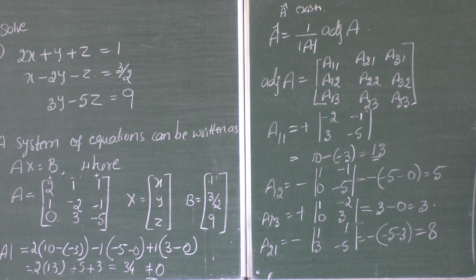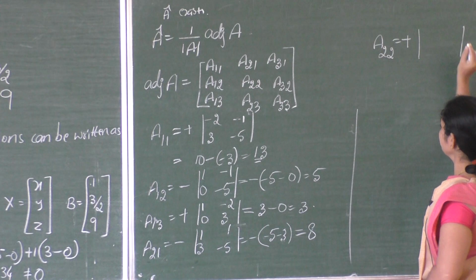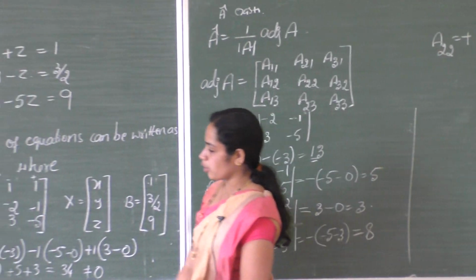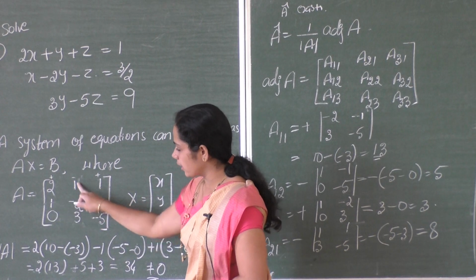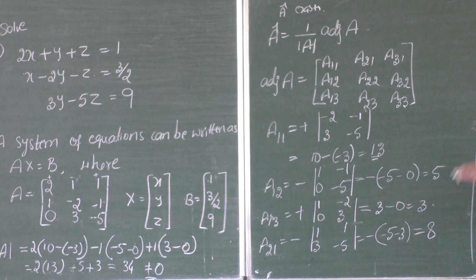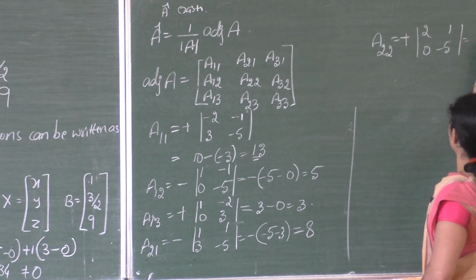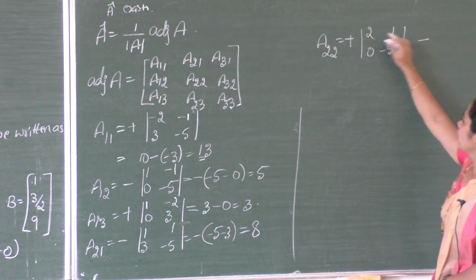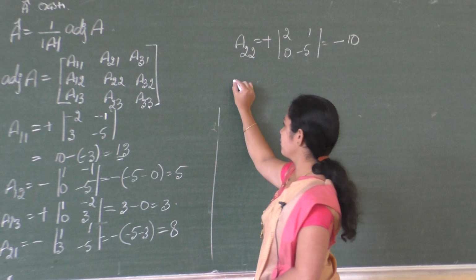Next one is A22. A22 is positive. Delete second row, second column. Remaining is 2, 1, 0, minus 5. This is equal to minus 10 minus 0, that is minus 10.